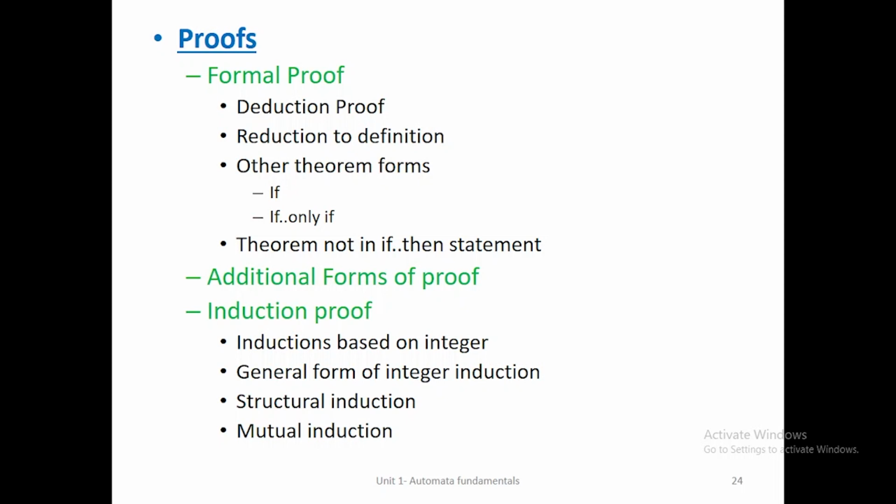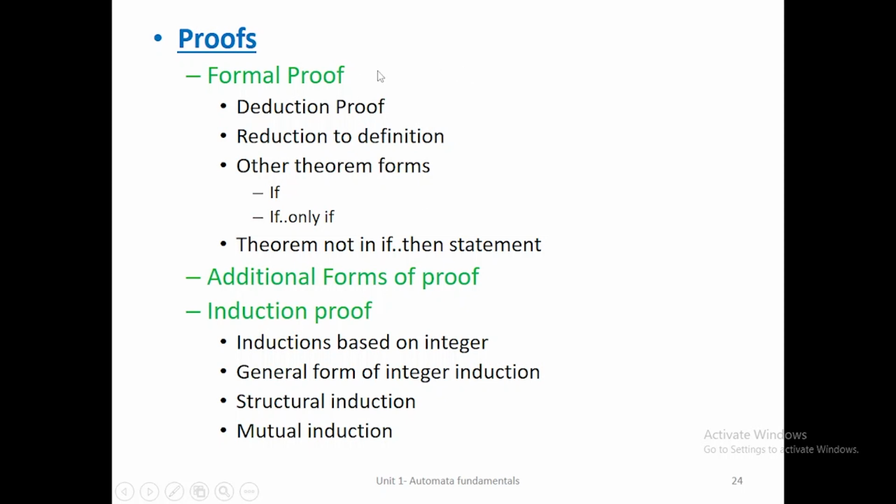Proofs come under 3 categories: formal proof, additional forms of proof, and inductive proof. If you want to find a solution in a theoretical way, there are generalized notations available. Formal proof contains some conditions, which are called hypothesis. If you try to find a solution, that is called conclusion.